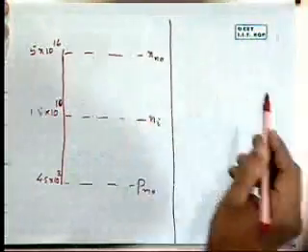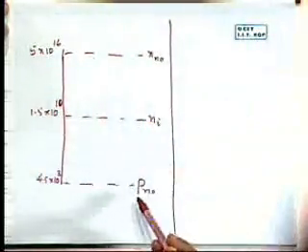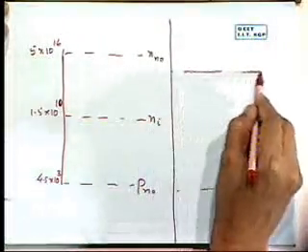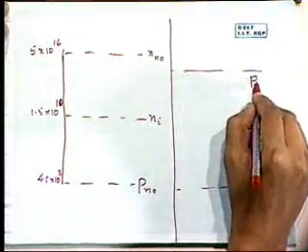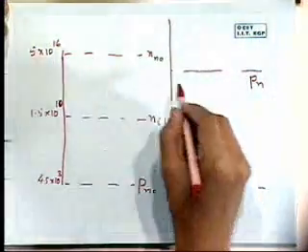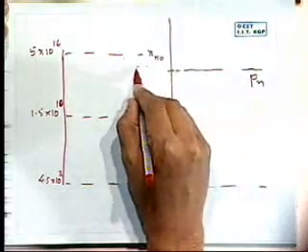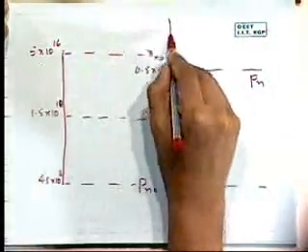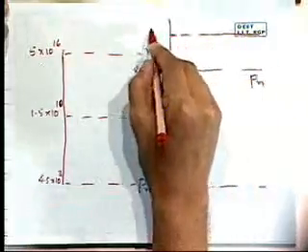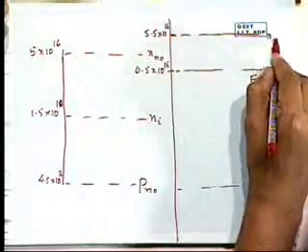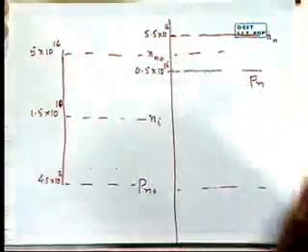This is before illumination, and after illumination we saw that there's a drastic jump from this value to somewhere around here for the hole concentration as a result of the illumination, where it now comes to be about 0.5 into 10 to the power 16. Meanwhile, the electron concentration has gone up to about 5.5 into 10 to the power 16. The earlier value was somewhere here.